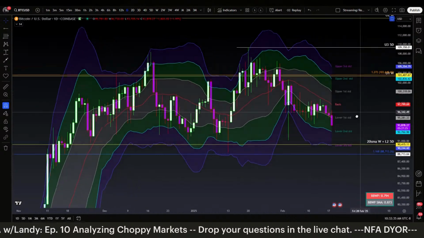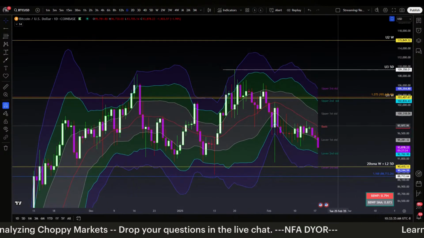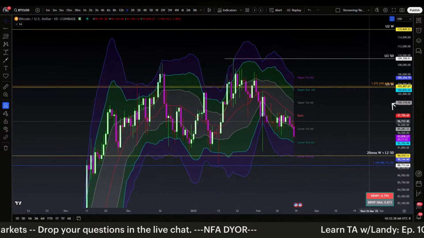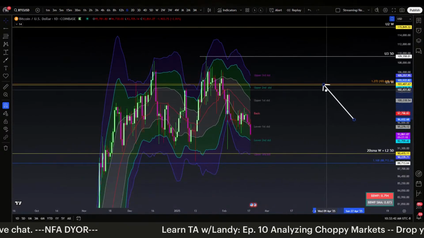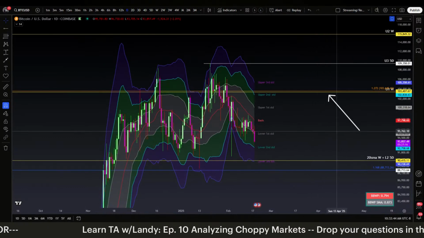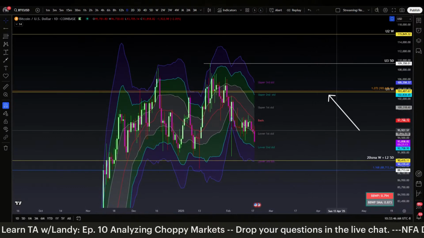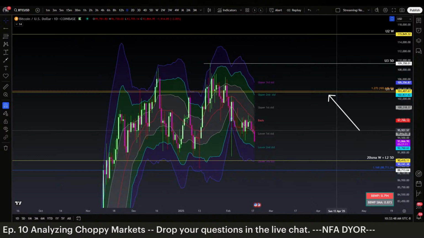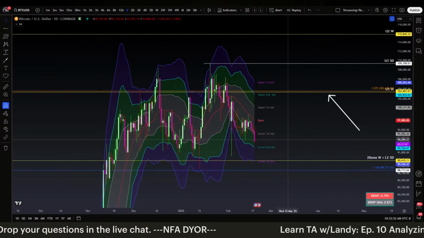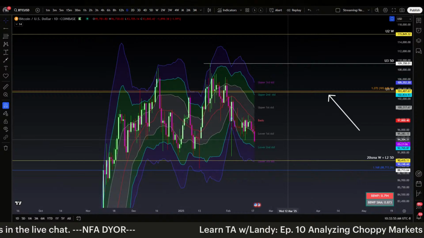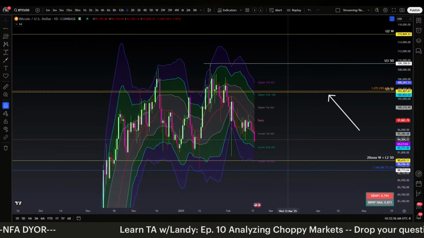And then to the top side here, where the upper first is on the weekly, for the volatility level of interest, we have that lining up with a macro Fibonacci extension level at the 1.272. That is at 103,645. So we're now finding confluence for our areas of interest to the downside and the upside.